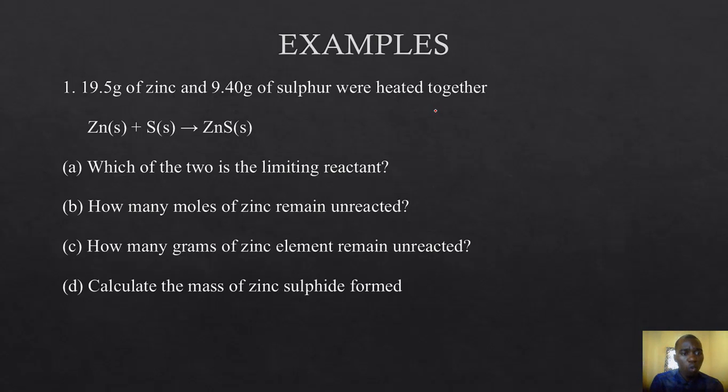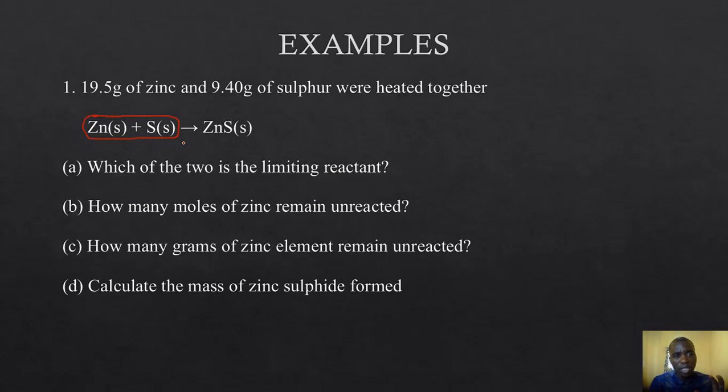Okay, so which of the two is the limiting reactant? Now, we are just talking about the reactants. So our major goal is just the reactants, which happen to be these species on the left side here. So one of these, either zinc or sulfur, can be the limiting reactant, but we can never guess. We have to do something to the equation.